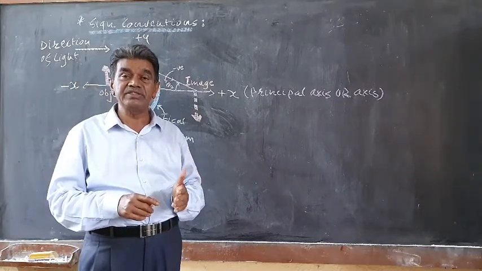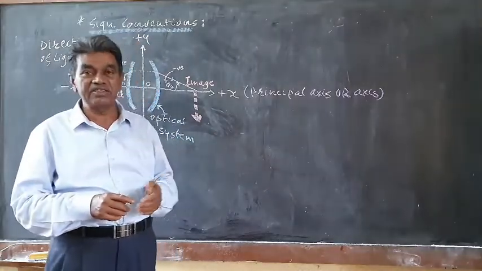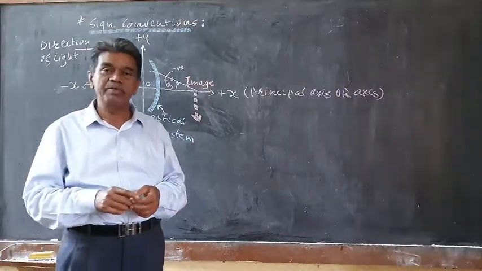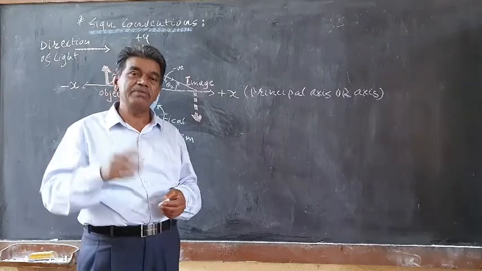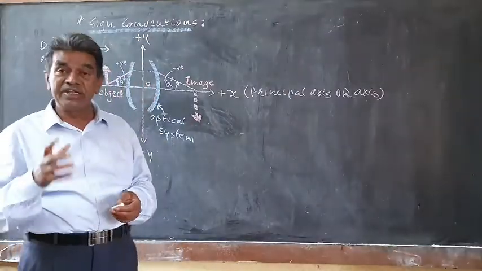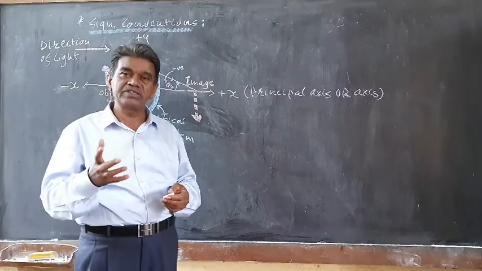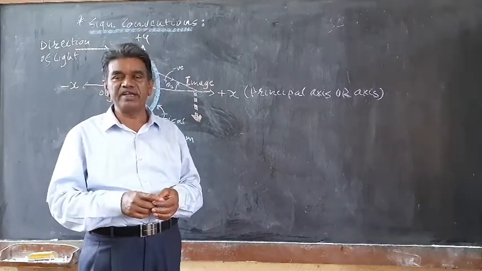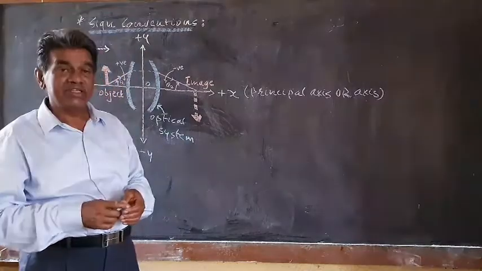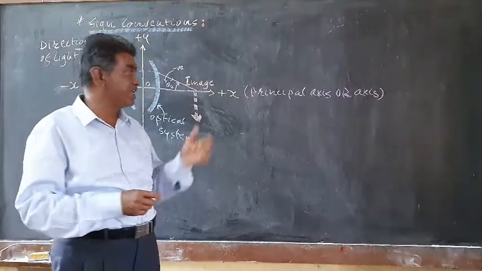Sign conventions for distances and for angles are more important as we are dealing with geometrical optics. And in this part 2, the first chapter, cardinal points, falls under geometrical optics, and therefore we must know the sign conventions.